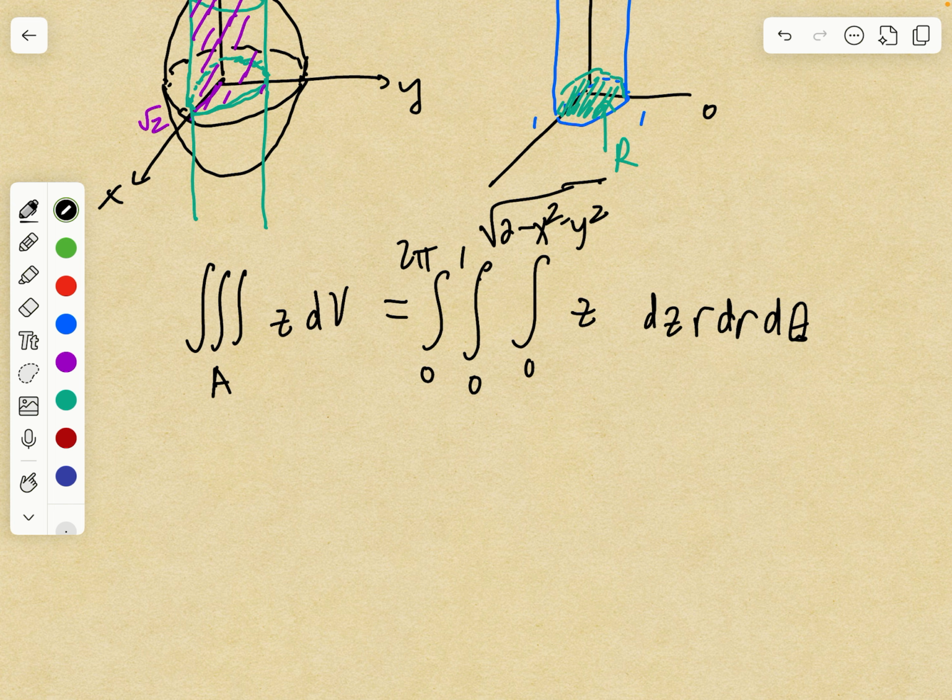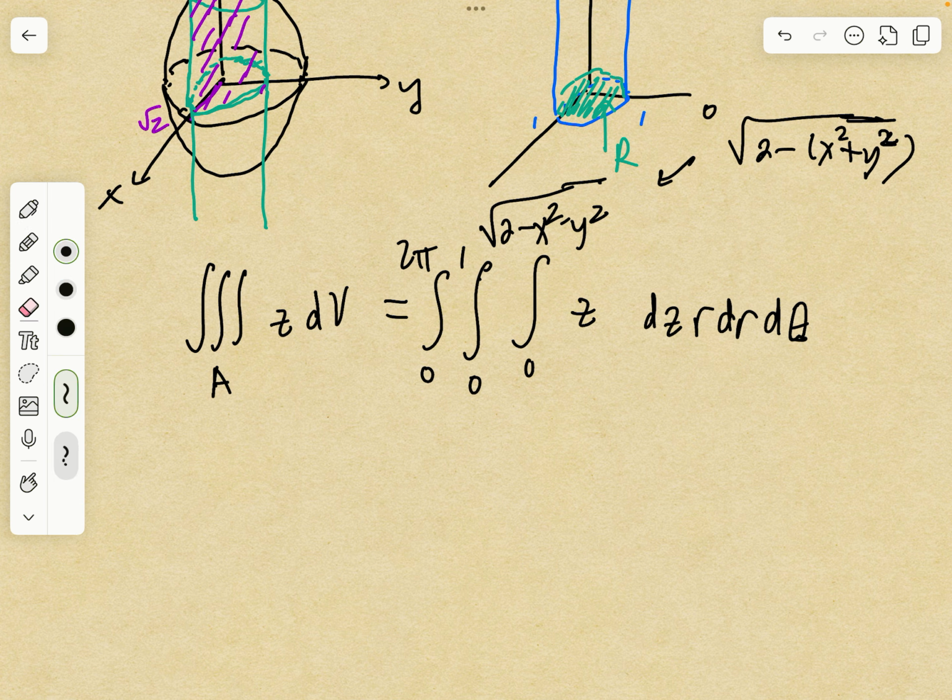So that's the square root of 2 minus parentheses x squared plus y squared. X squared plus y squared is equal to r squared. So this is going to be 2 minus r squared. So the setup is like this.